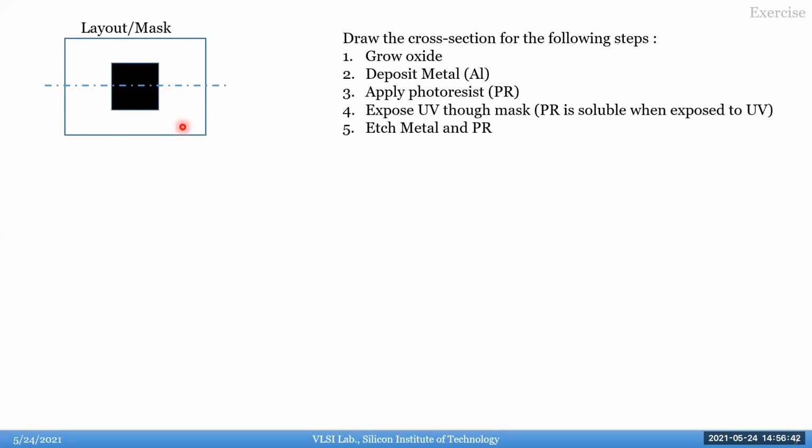So I want you guys to go through each of these steps. For example, first grow oxide and then deposit metal, apply photoresist. You show the exposure, and then you show the etching of the metal layers. As you're going through these steps, show me how the cross section is going to look. Okay.